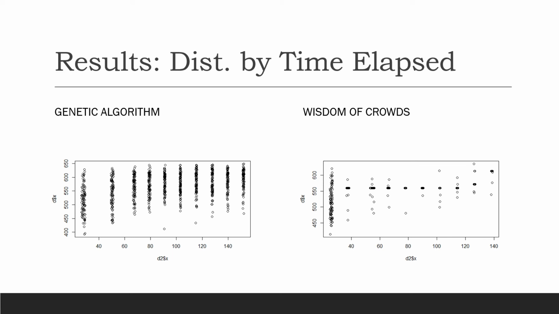As compared to the wisdom of crowds approach here, we can see that with the start population there is some pretty high variance, but after that first generation, many of those individuals in the population do come together with the same results with just a few outliers.